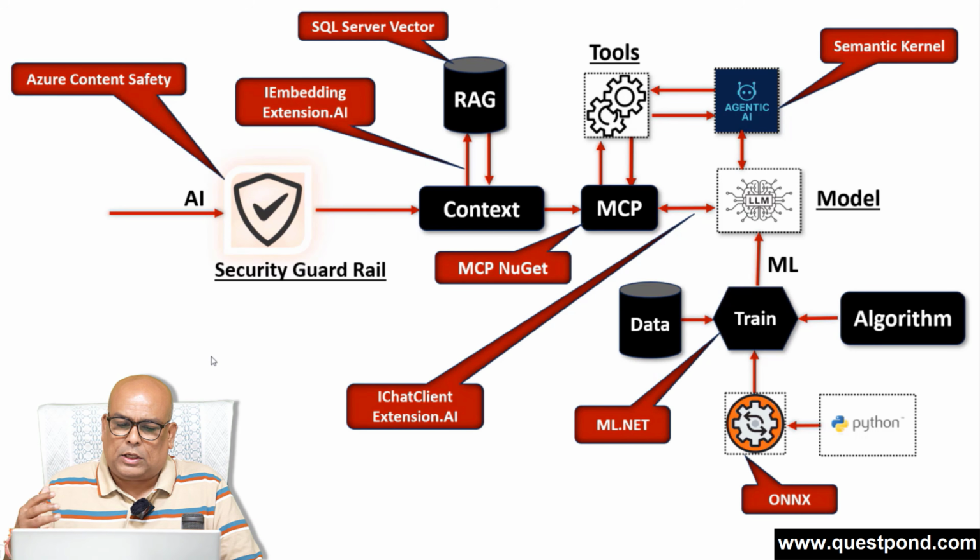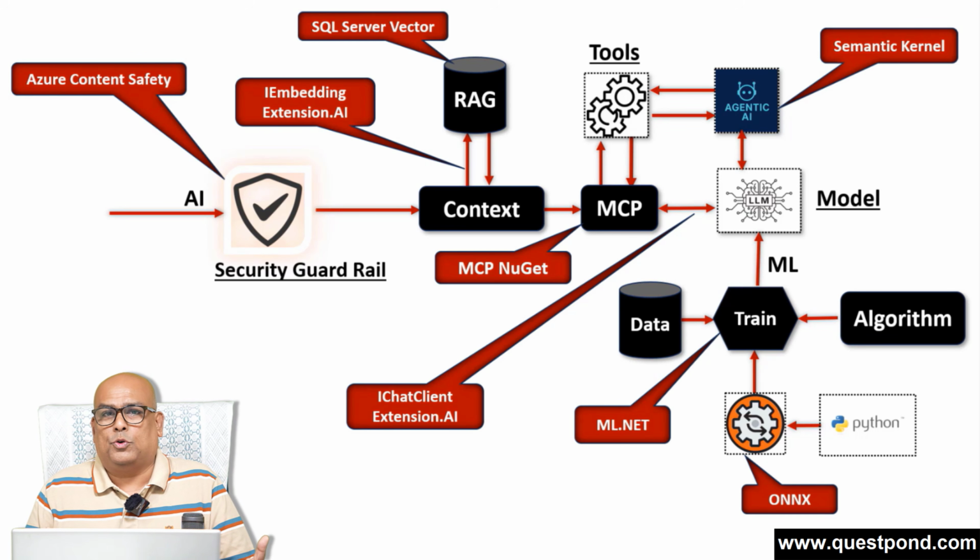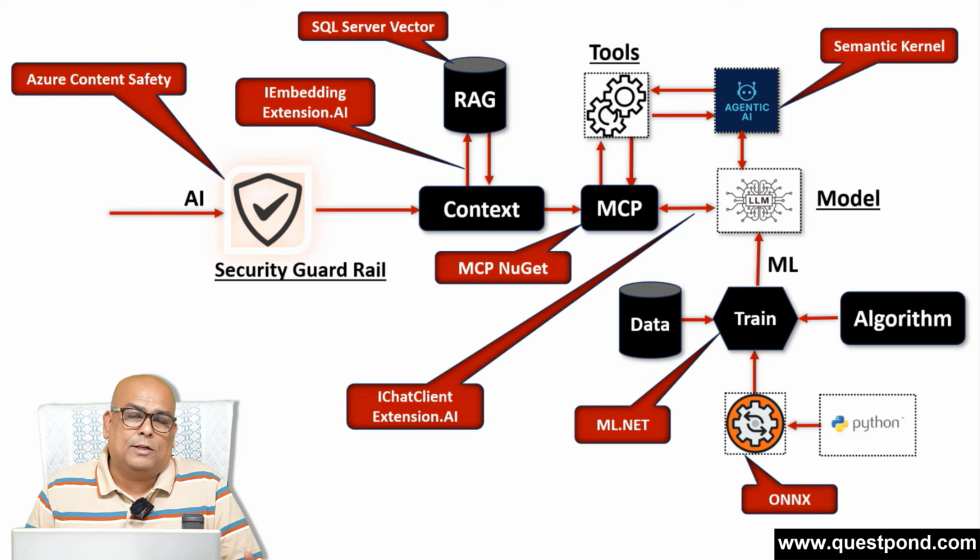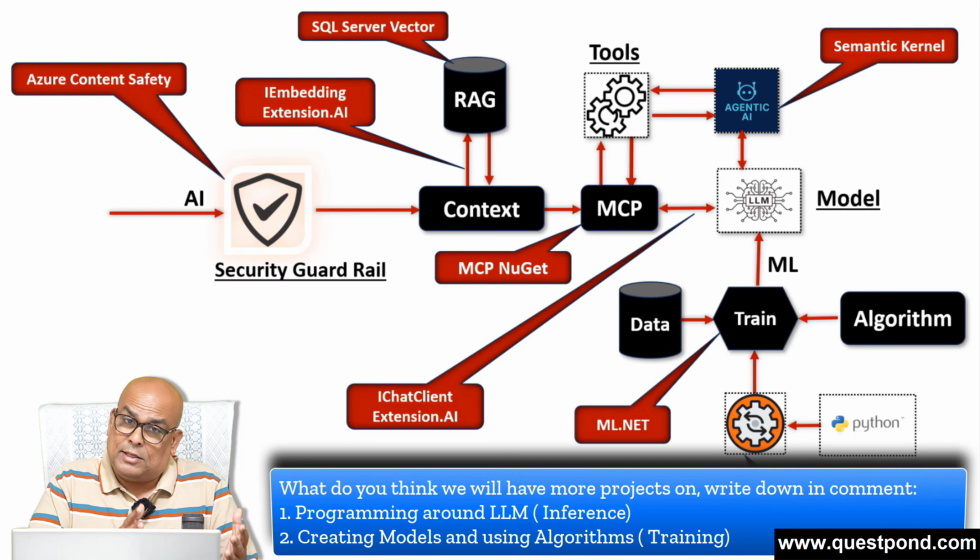Now you will say, sir, how do I know whether the project is related to inference or training? You don't have to know actually. What I feel is that most AI projects will be inference. Inference means there will be an LLM, and around that LLM, developers will develop applications. I think most projects will lie in this category.